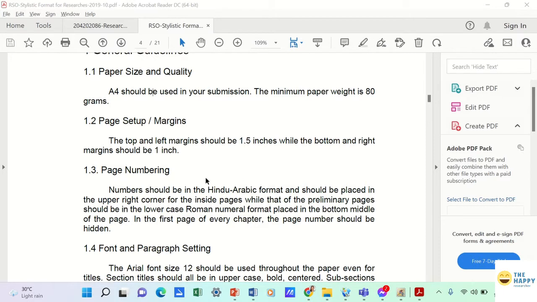As you can see, we have a prescribed paper size and page setup, and we will be formatting our paper based on these standards and guidelines.